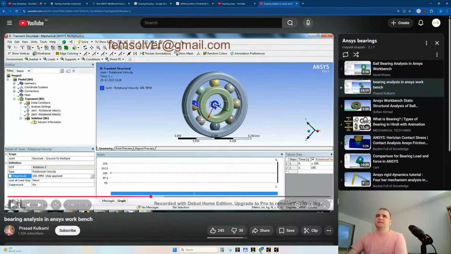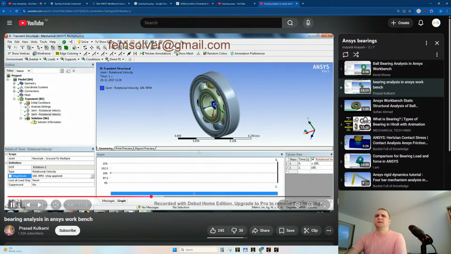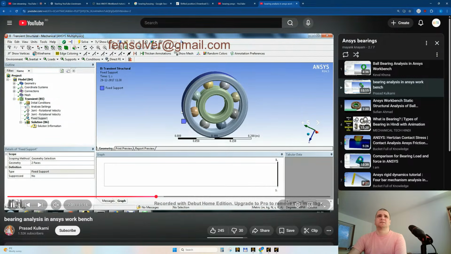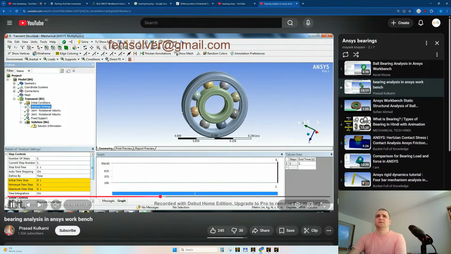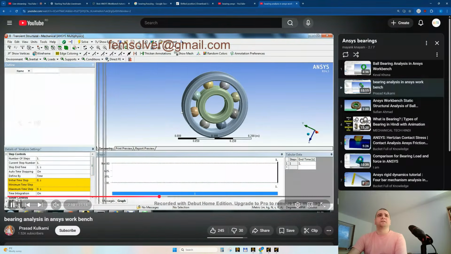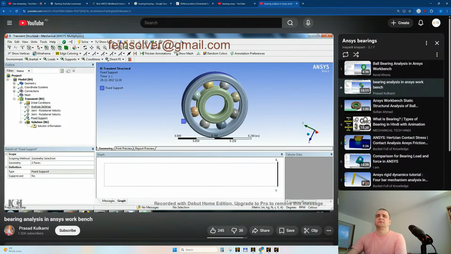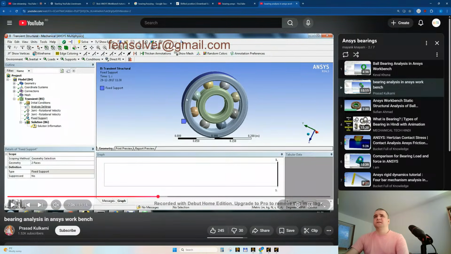So he rotates the inner hub, then the balls, come on, no, please. Rotating the inner hub makes sense, but don't rotate the balls. Fixed, he fixed the outer. Yeah, it makes sense if it's in a housing, yes.